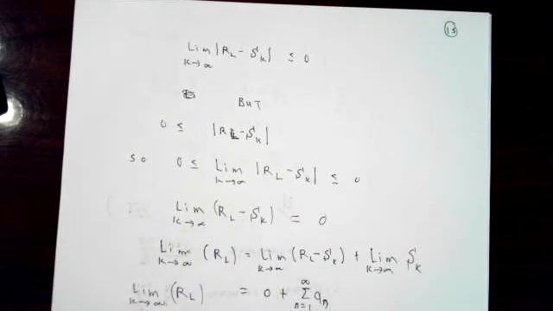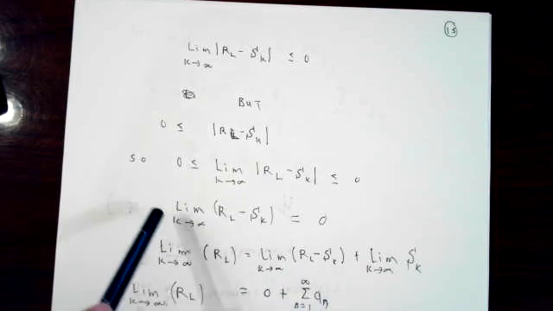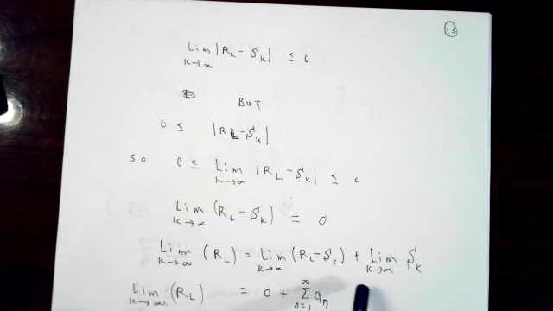We're almost done. I'm going to think about two limits. I'm going to look at the limit of RL minus SK, which we've just shown to be 0, plus the limit as K tends to infinity of SK. Both of those limits exist. This exists because we've just shown it was 0.